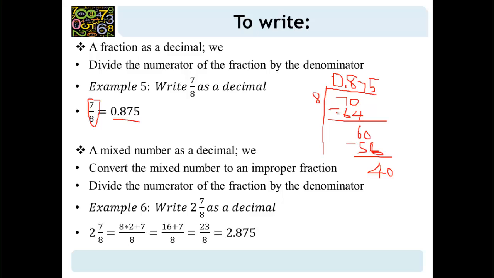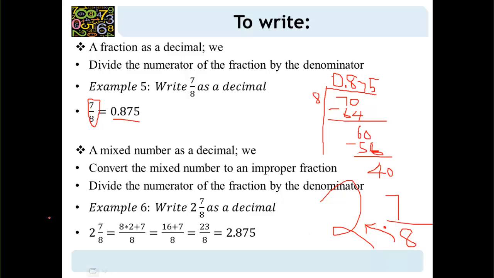What of a mixed number? How do we convert a mixed number to a decimal? What we have to do is change that mixed number to an improper fraction. And once we do that, we divide. So here, if you have 2 whole number, 7 out of 8, the first thing you want to do is 8 times 2.